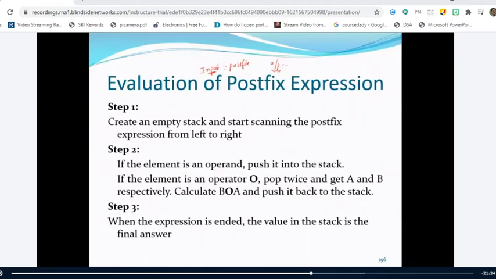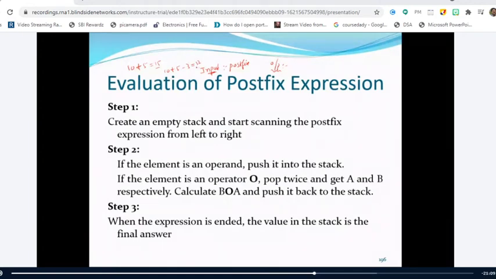No, we are not converting the postfix to infix. So we are evaluating. Evaluation means, for example, 10 plus 5. What is the value? 15, right? So you will get an integer. Similarly, 10 plus 5 minus 3. What is the value? 12, sir. 12.